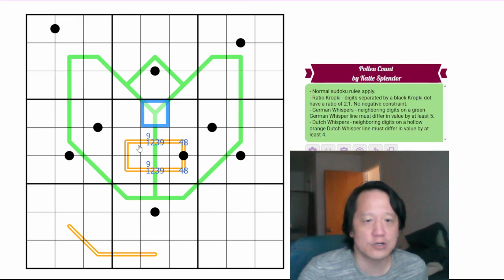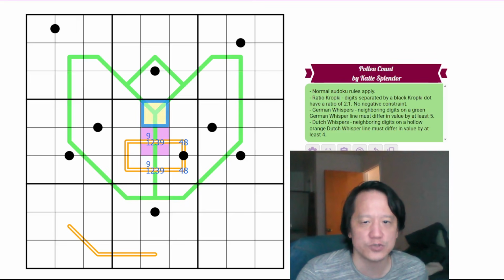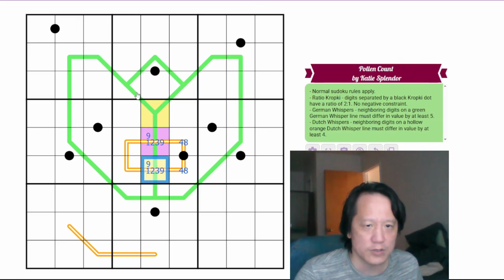So if we just start randomly coloring these as one set, and then randomly coloring the adjacent digits next to it as the opposite set, we know it'll always swap sets. So since this is yellow, we have pink here. This is yellow, which makes this pink. This yellow makes these two pink.